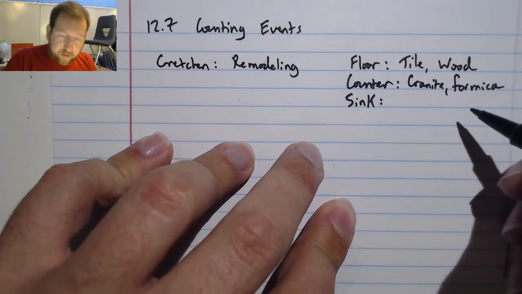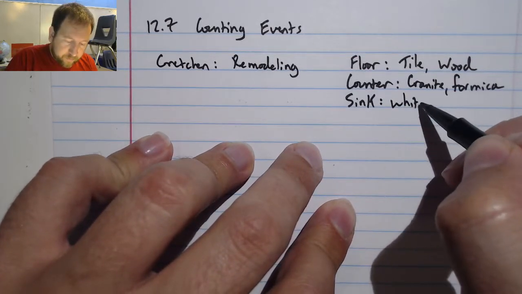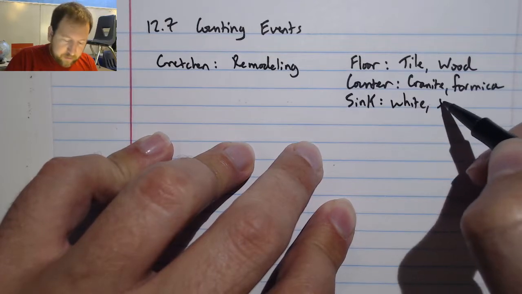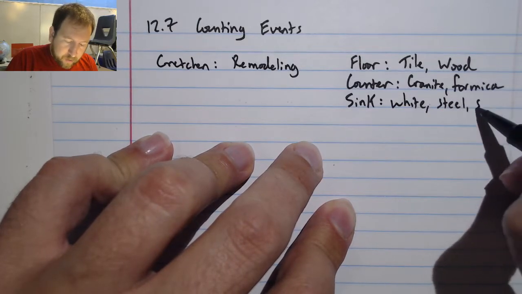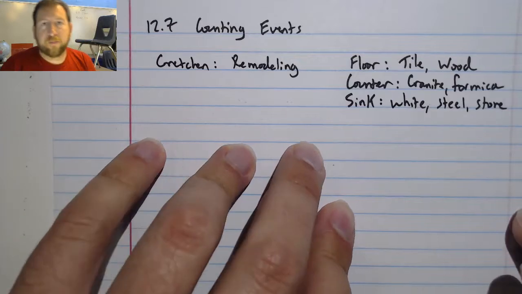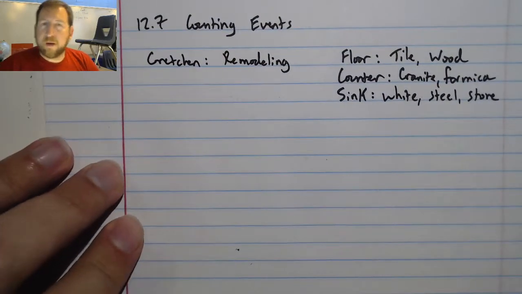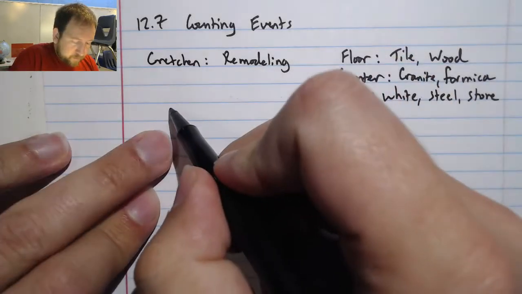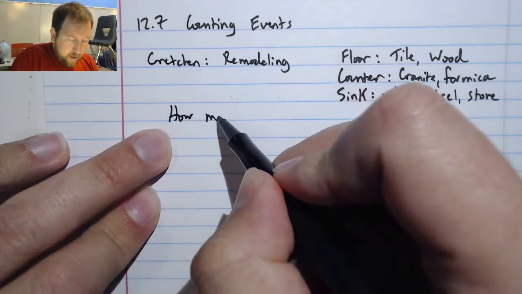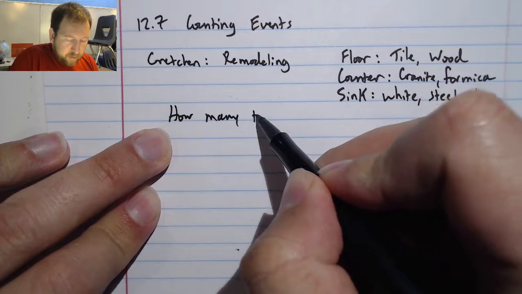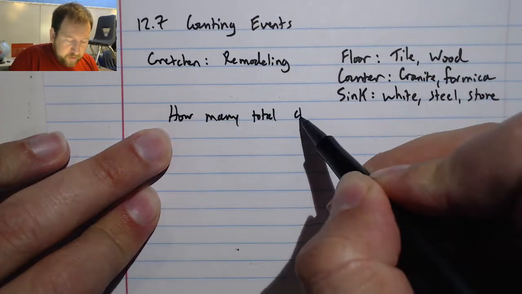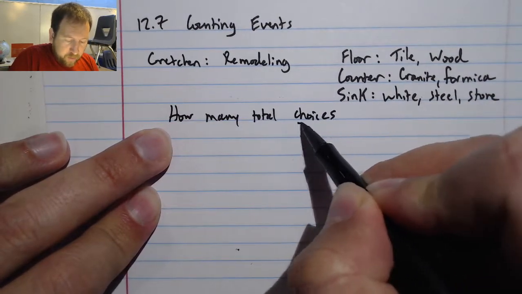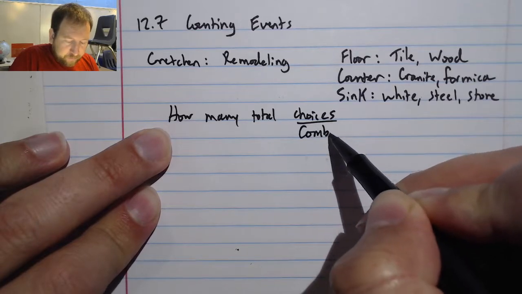And for her sink, she can go with white, steel, or stone. And her question is, how many total different kitchens could she build with these options? Or how many total choices or total combinations?